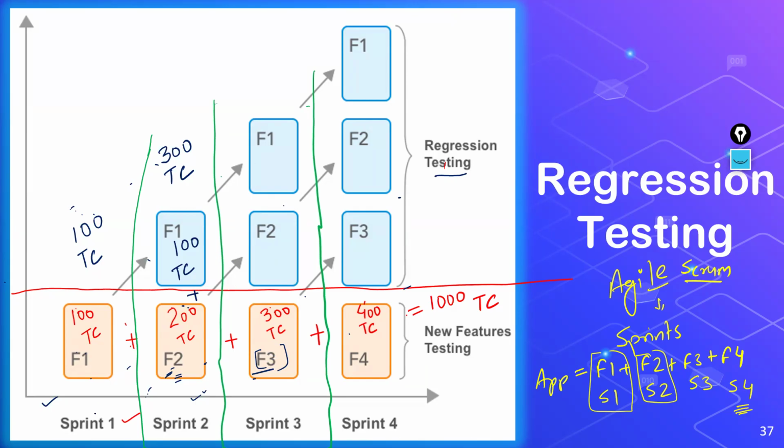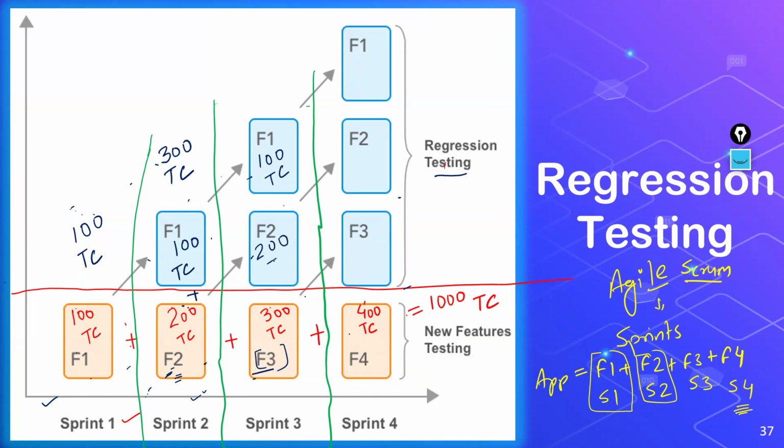Test cases are already created. We need not create the test cases again. But we have to execute those test cases just to check whether those errors are there or not, or whether any new errors have been introduced. That is when you will test this again. So for F1, we'll again execute 100 test cases.